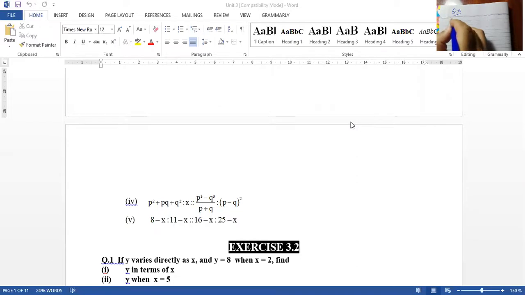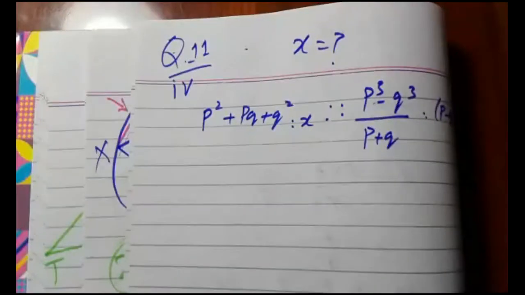We are being asked to find the value of x, and we are provided a relationship: p square plus pq plus q square is to x as p cube q cube over p plus q is to p minus q whole square. So this is the format of the question that we have to solve. Let me solve it for you now. All of you can see it, I hope.